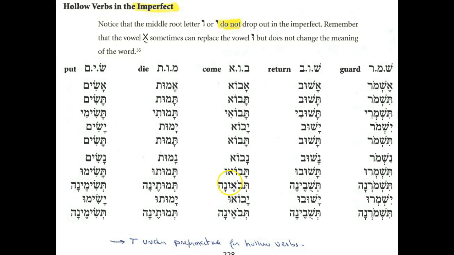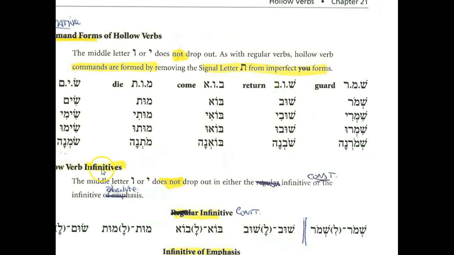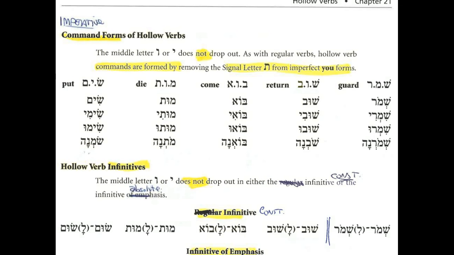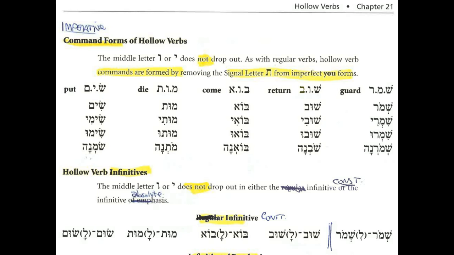All right, let's turn to page 229, and we get what your textbook calls the command form of the hollow verbs. Remember that the command forms are typically called imperatives.